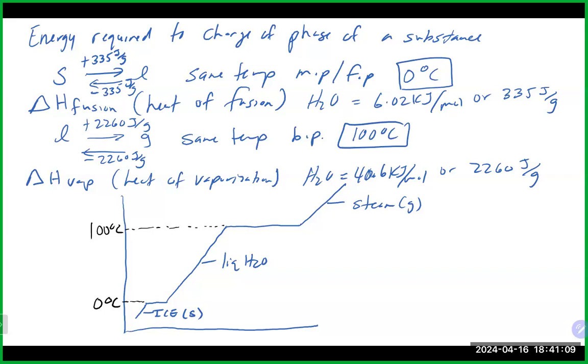Flat lines, or plateaued lines, mean the temperature is not changing, but in this case, the phase is changing. The lines between, say, here, here, and here, those are all the same phase all the way through that line, whatever line you're on, and the temperature is changing. So from here to here, that is all liquid, temperature changing.